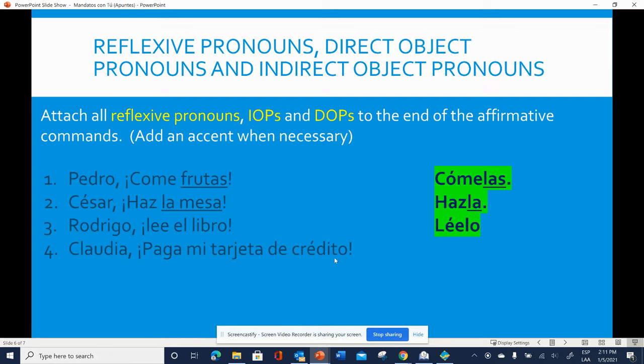So I could replace the credit card with the pronoun, and I can say like pay it. So págala. So this la is taking the place of the credit card. So we can also use direct object pronouns in a sentence, and the same would be true for indirect object pronouns or reflexive pronouns. You could just attach the pronoun at the end of the verb.